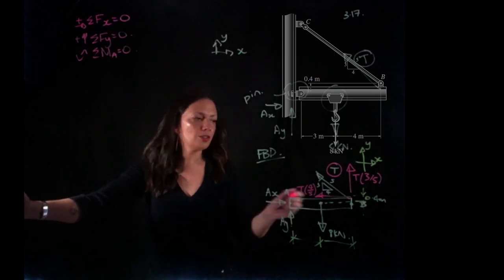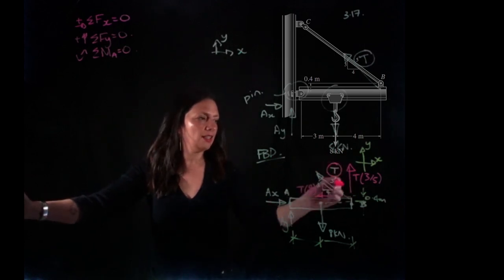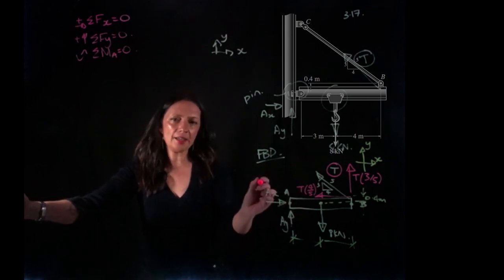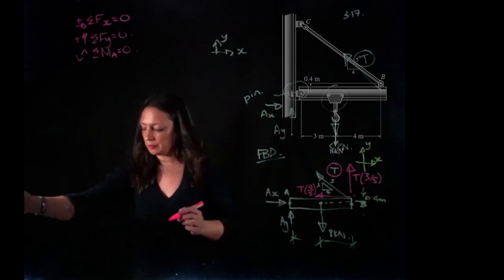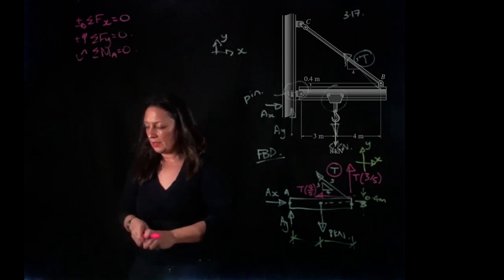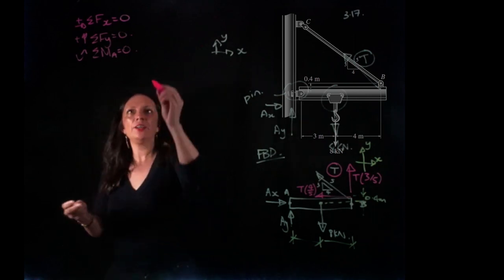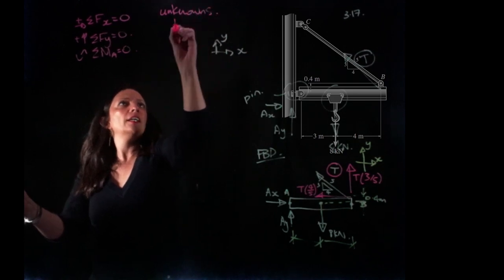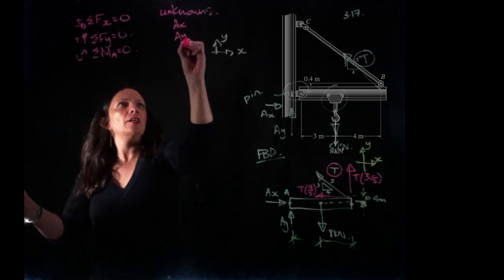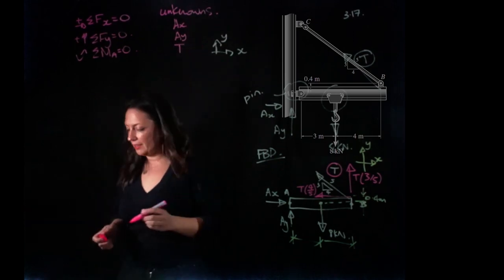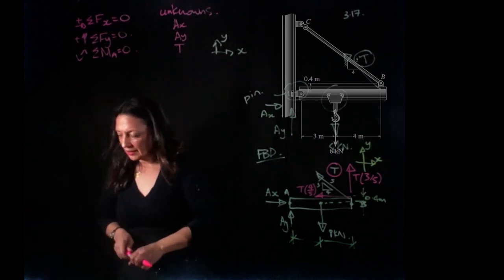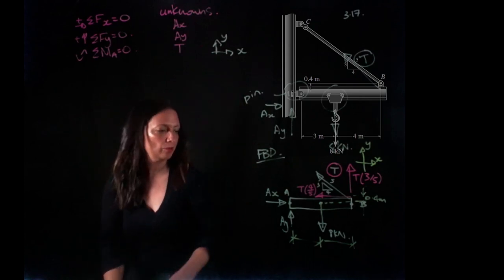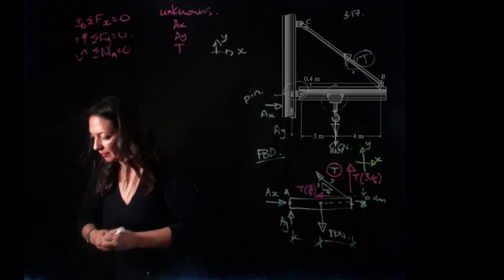So, to find T, I'm going to take the sum of the moments around A, because I have 2 unknowns at A. So what are my unknowns? My unknowns are AX, AY, and T. So, let's take our moments around A.